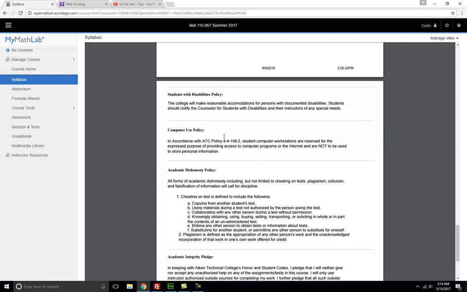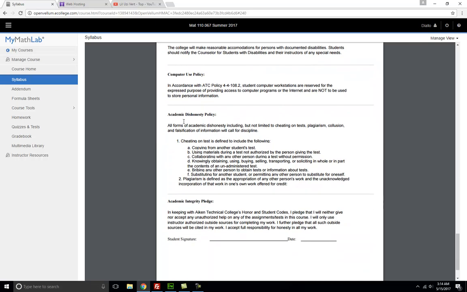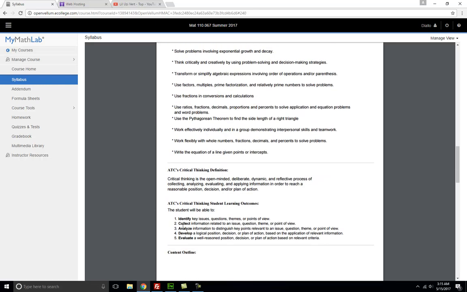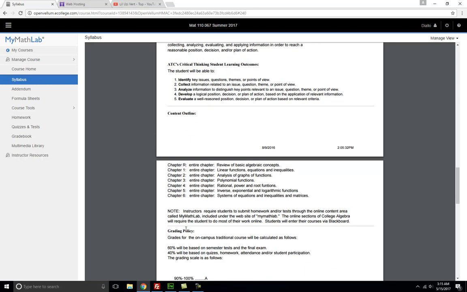There's a students with disabilities policy, a computer use policy, an academic dishonesty policy, and an academic integrity pledge. There's also a spot for your signature. There's no need to sign and give me the course back physically. By registering for the course, you acknowledge and adhere to all of the rules and policies.